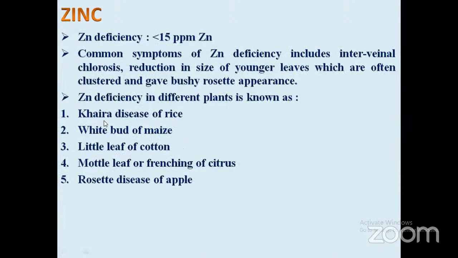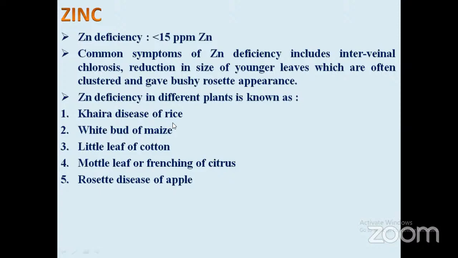Now, if the plant contains less than 15 ppm of zinc, then it will be deficient. Common symptoms of zinc deficiency include interveinal chlorosis and reduction in the size of the younger leaves, which are often clustered and give a bushy rosette appearance. This is because of less indole acetic acid production due to zinc deficiency. Zinc deficiency in different plants is known by different names.